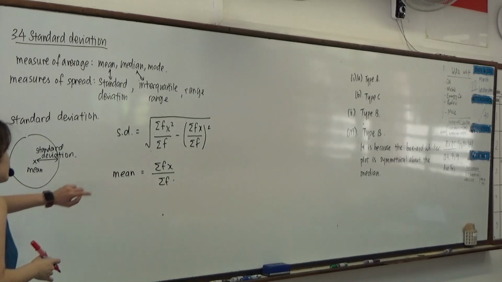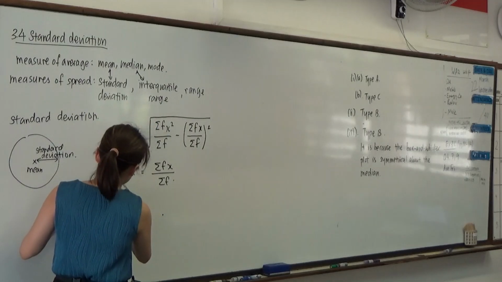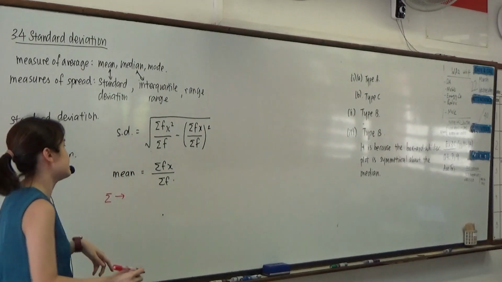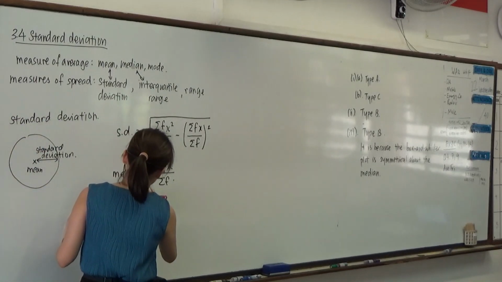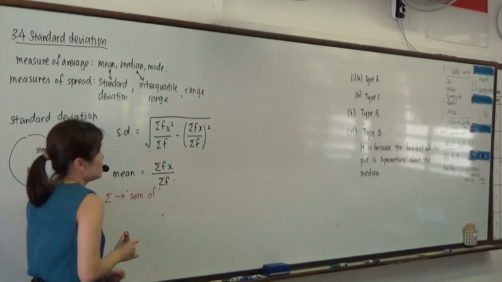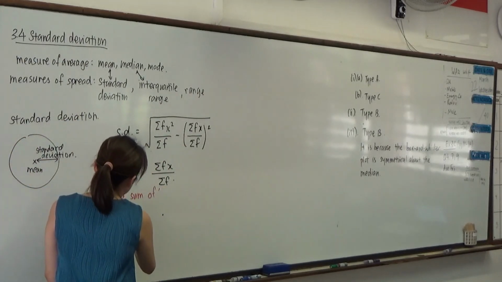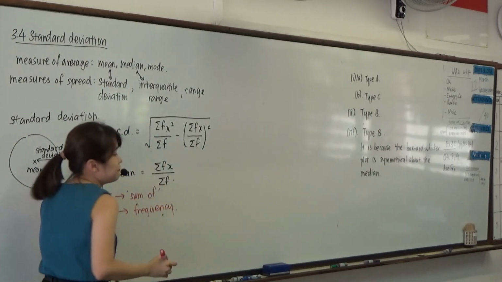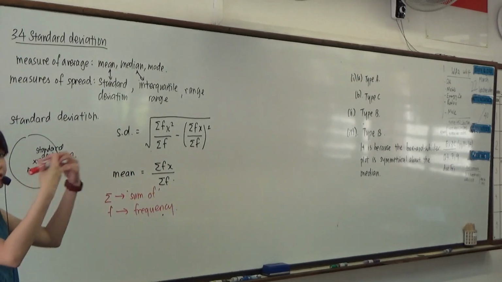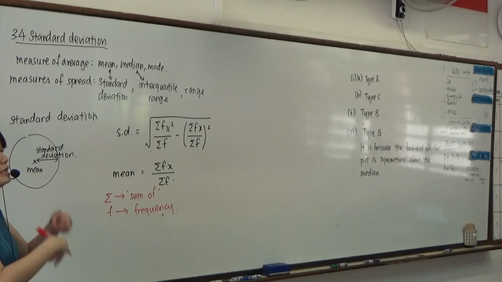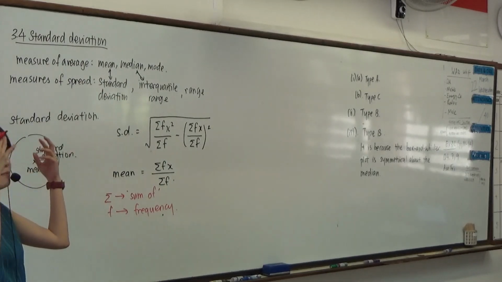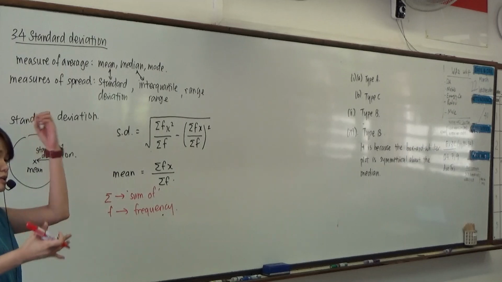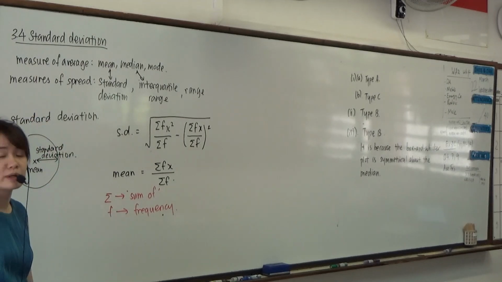in this case, this symbol over here, what it means is the sum of. Right? F actually refers to the frequency. Okay, frequency of what? Frequency of the data value happening. So the number of times, maybe how many people actually got A1 in this class. So that number of people refers to the frequency.